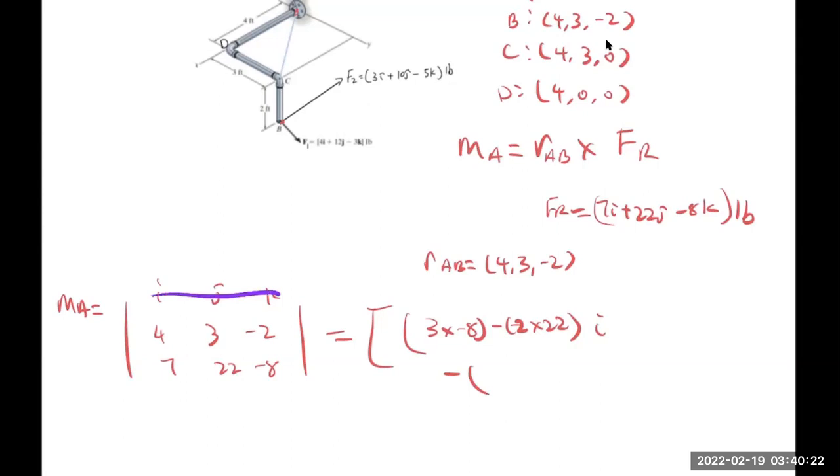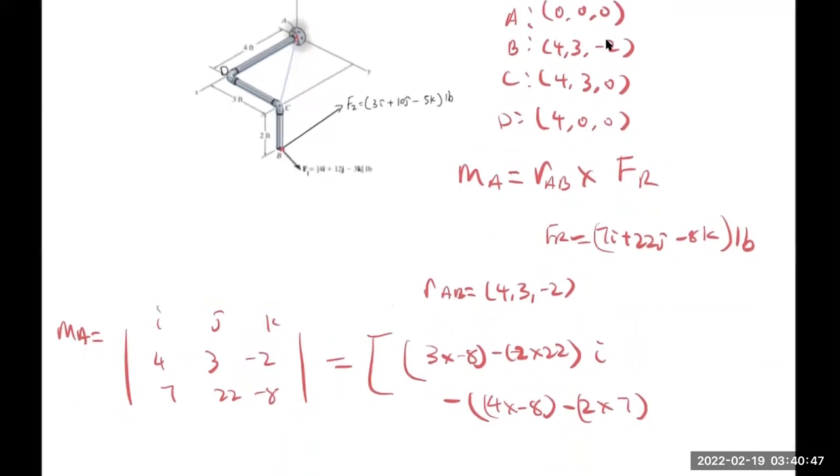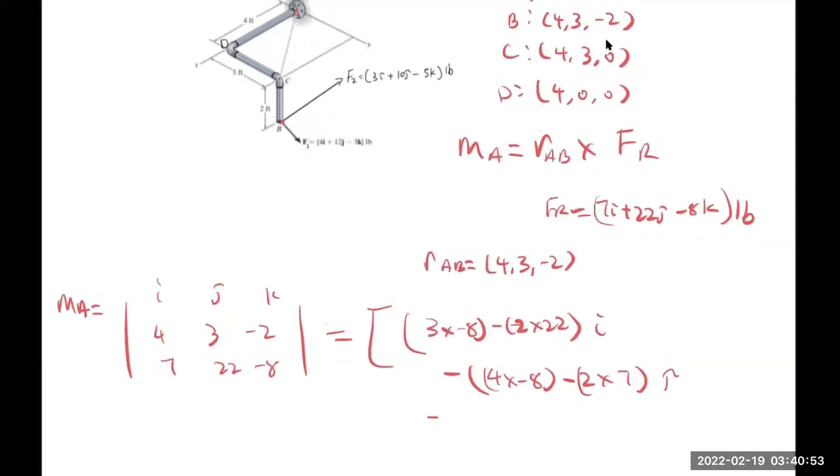Same thing, cross out the row where j is, cross out the column where j is, and then do 4 multiplied by negative 8, and negative 2 multiplied by 7. And plus the k, okay, that's 4 multiplied by 22 plus 3 multiplied by 7.